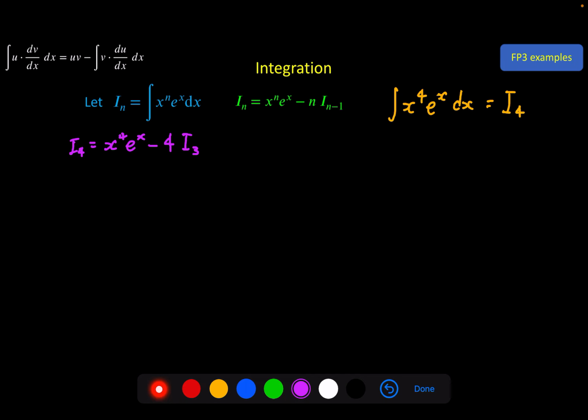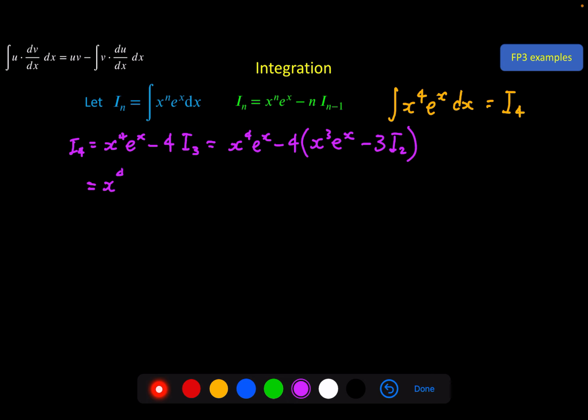And that by itself doesn't help. But the point of this is that we know what I3 is as well, because I can just put a 3 in this reduction formula. So that becomes x to the 4 e to the x minus 4 lots of I3, which is x cubed e to the x minus 3 lots of I2. And you can see where I'm going to go with this.